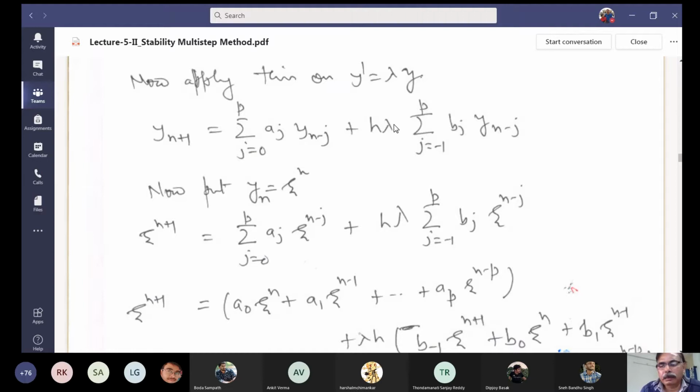So if anybody is interested to see how to find the solution of such a difference equation, you can see the book by Hildebrand, H-I-L-D-E-B-R-A-N-D. Did you get that? Yes, sir. This is again a numerical analysis book.